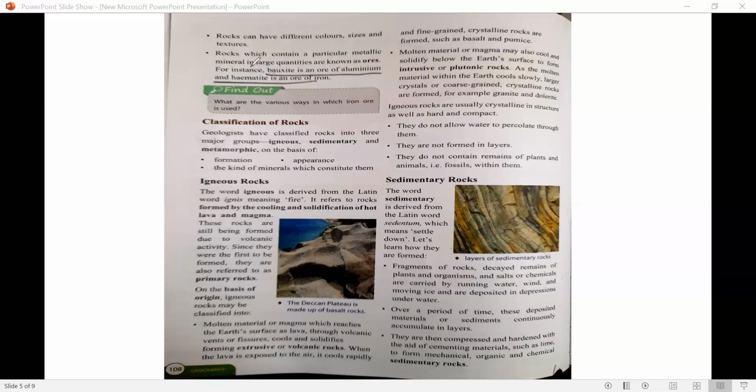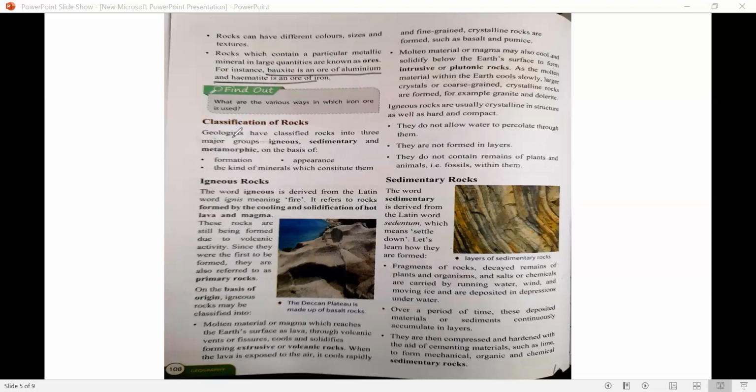Now, as we have learned what rocks and minerals are, let's classify the rocks on the basis of igneous, sedimentary, and other bases. Geologists have classified the rocks. I told you in the beginning who geologists are, what geologists do, and what geology is.